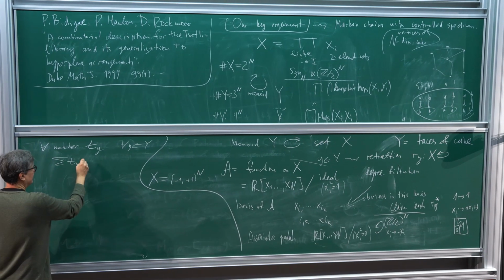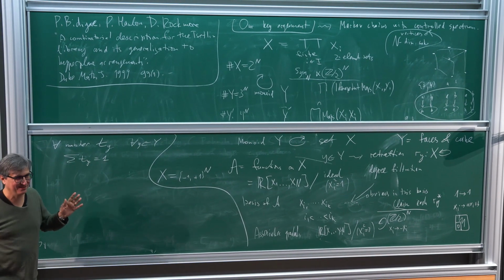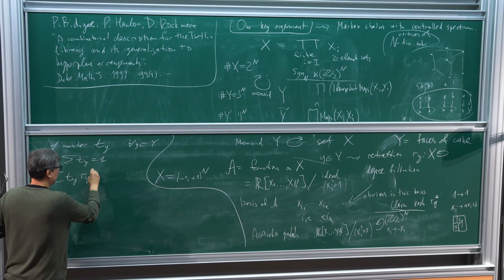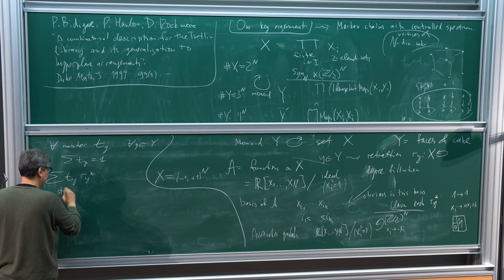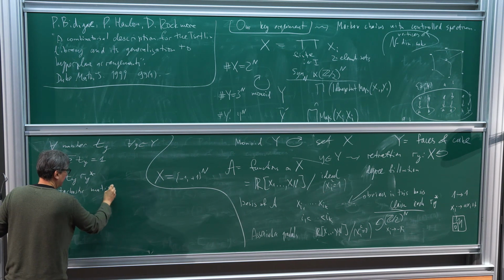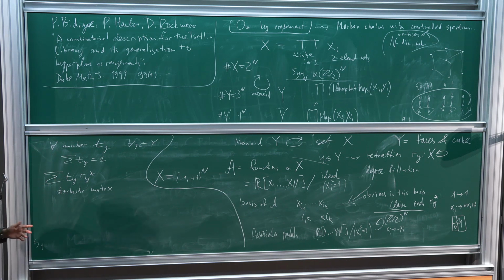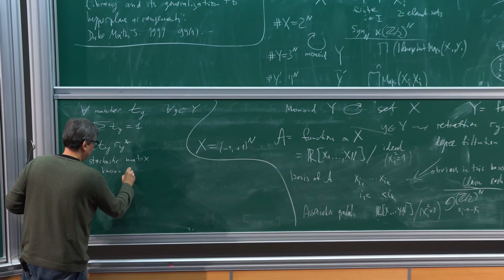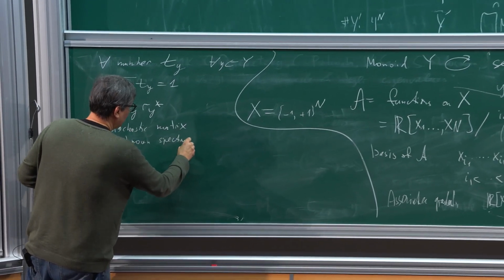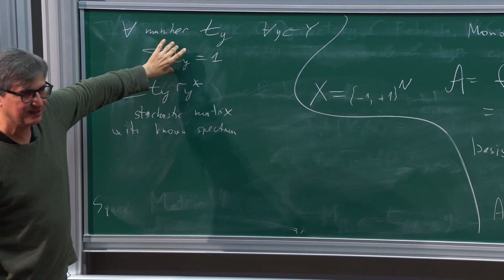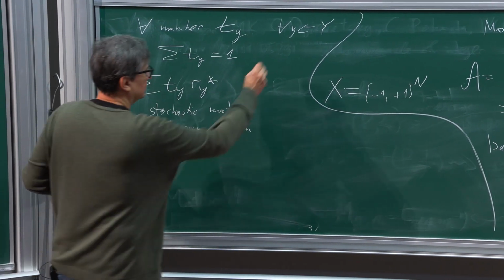If you want a stochastic matrix, you maybe put this weight 1. And then you get the sum over t_i r_i star will be a stochastic matrix with controlled spectrum, with known spectrum. And actually, what is a random walk? This thing means it will be probability distributions, yeah?